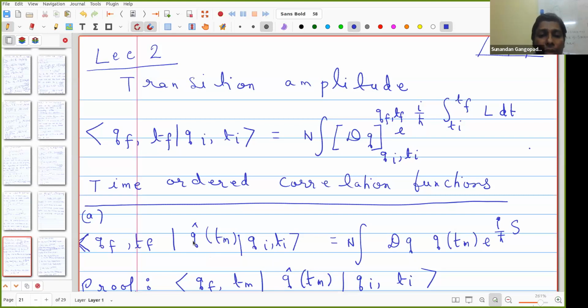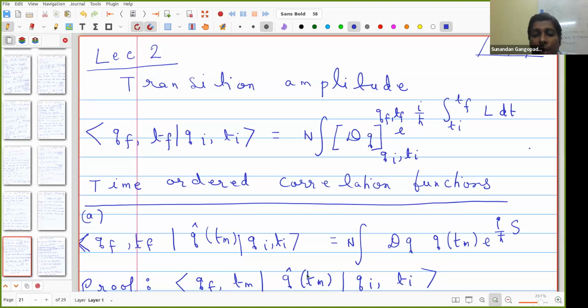We have an operator q hat at time tm, which is sandwiched between qi at time ti and qf at time tf. This is the object that we want to look at now. Technically this is called operator insertion. So we are inserting some operator in between these two states.